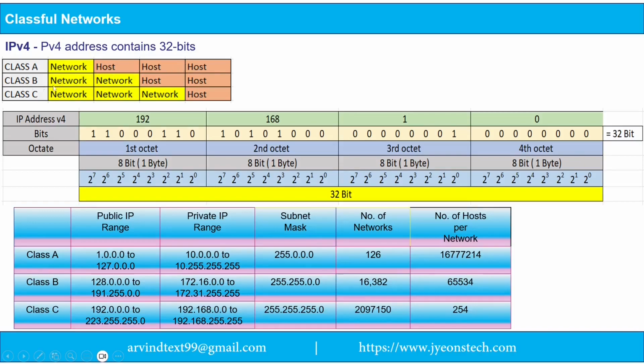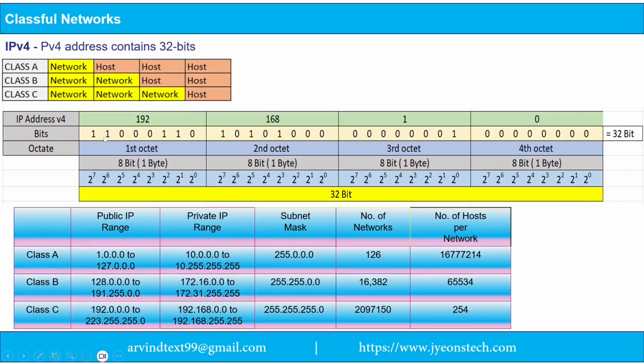In class B, 8 plus 8, 16 bits are used to identify the network ID, and the other 16 bits are used for the host. Similarly in class C, 8 plus 8 plus 8, 24 bits, are used to identify the network, and one 8 bits is used for the host.